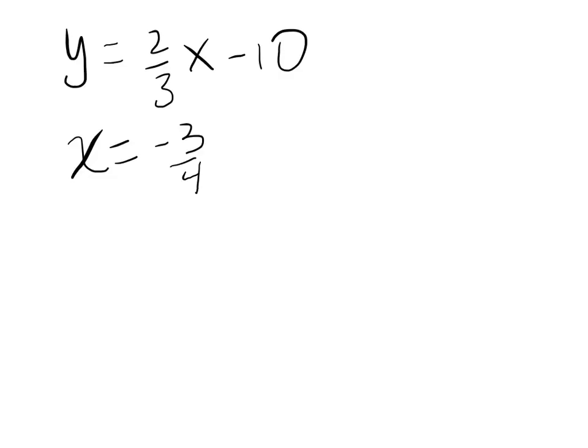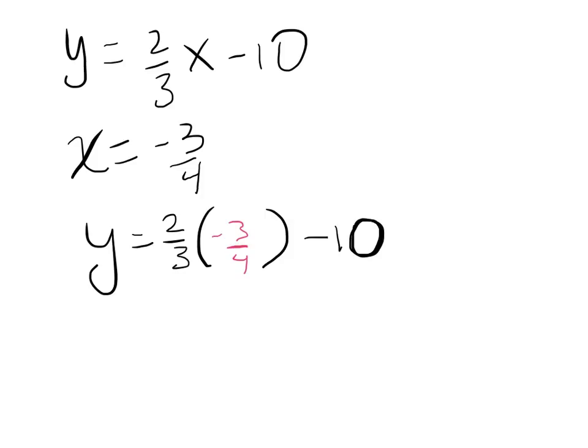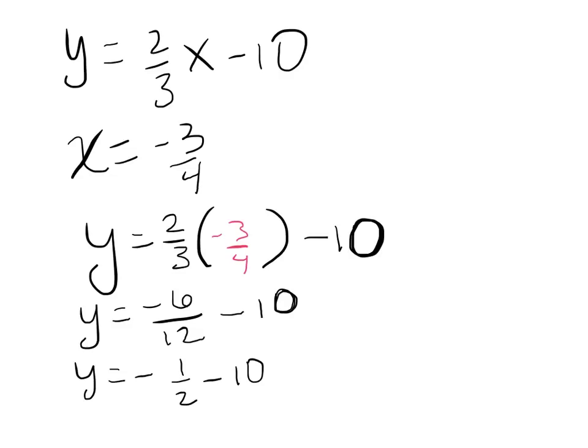And for -3/4, the next input, we have y equals 2/3 times -3/4 minus 10. And multiplying the fractions, you have to multiply the numerators together and then the denominators together. And we get that y equals -1/2 minus 10.